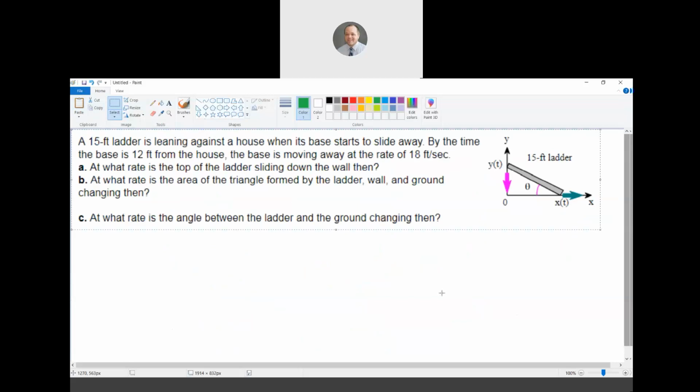Okay, off campus, can you see that word problem with the ladder? Yes, sir. Okay, thank you.